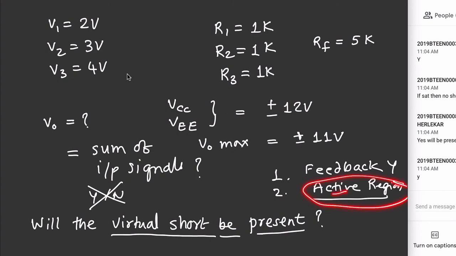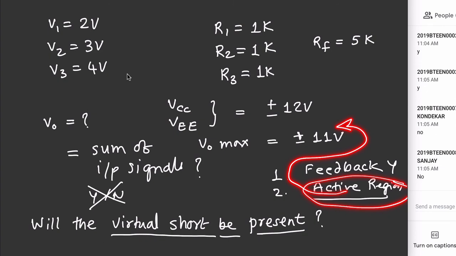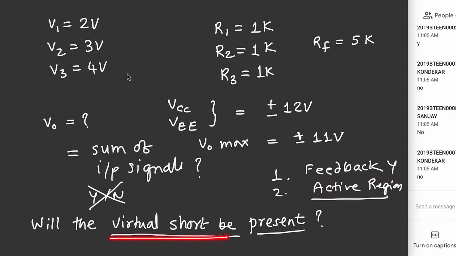When the output gets stuck to 11 volt? No, right? Therefore, virtual short, will it be present? No, it will not be present. Okay. So, virtual short will not be present. Everybody understanding this?